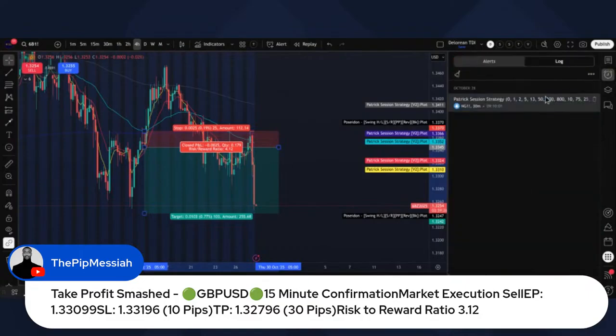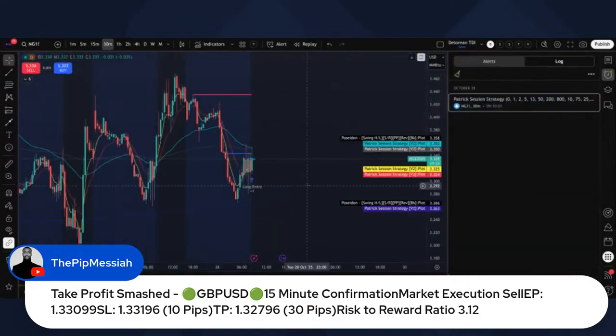Let's take a look at NG1 and see what it's giving us. All right, so we got a 30-minute. Again, I don't really like all this bunched up action right here. And those EMAs are very close. I don't think this is a smart long to take just yet. I want to see better price action than that.